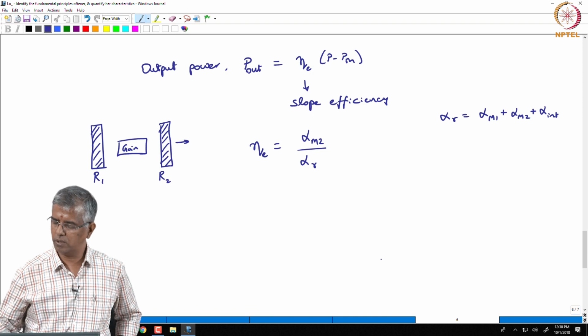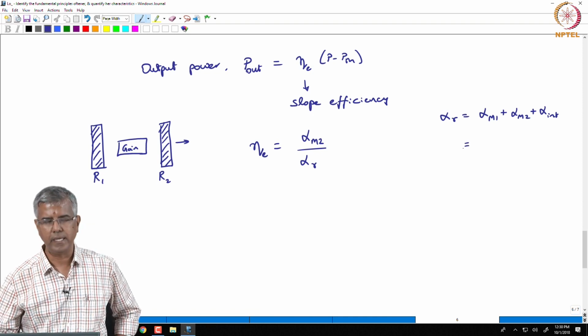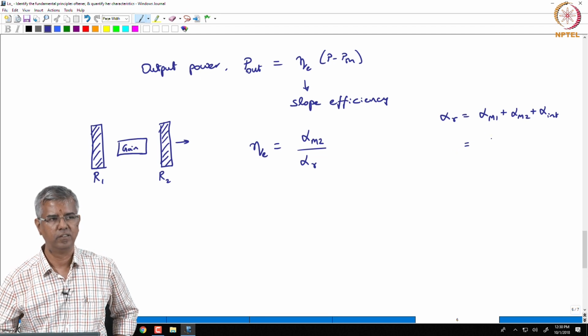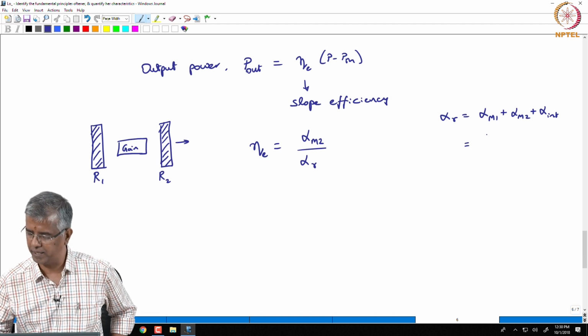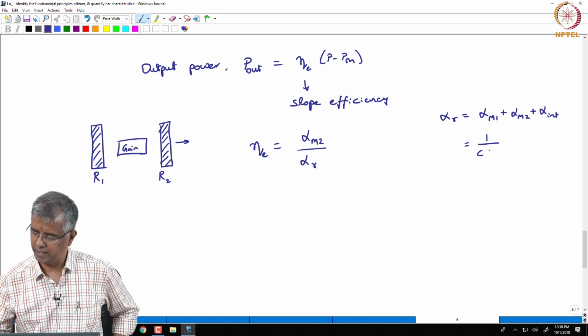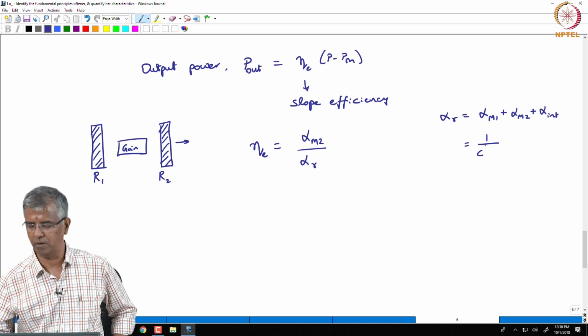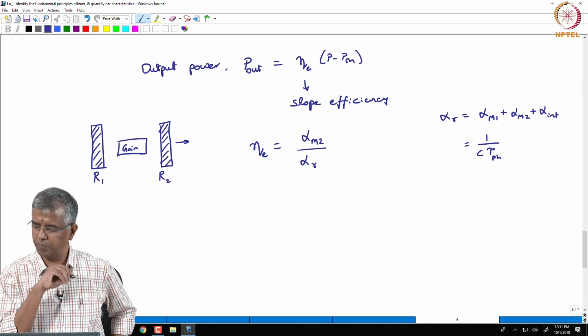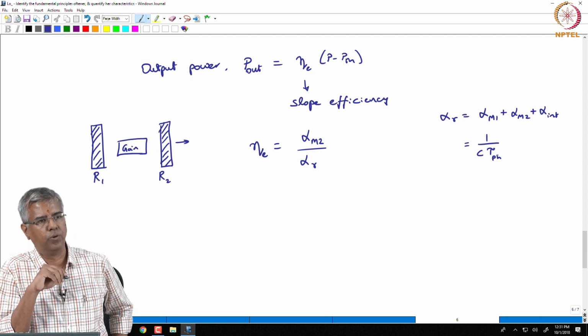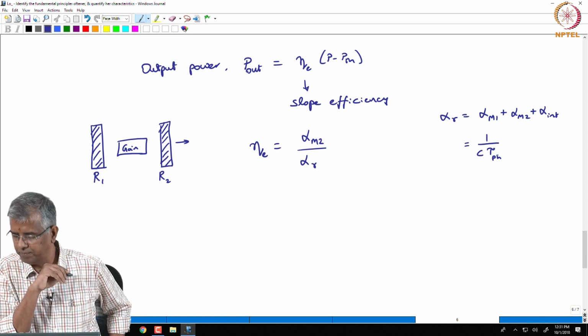Now, the overall loss we said is inversely proportional to what? We talked about the average photon lifetime inside the cavity. We said it is inversely proportional to the average photon lifetime, and alpha r is given by 1 over c, where c is the speed of light in vacuum, multiplied by the average photon lifetime.